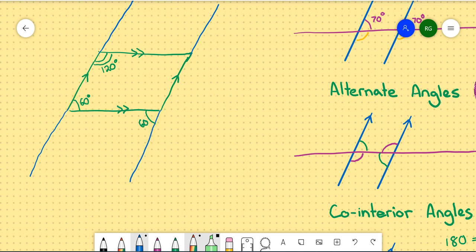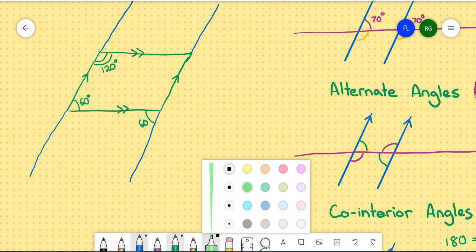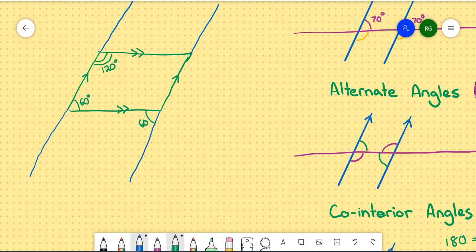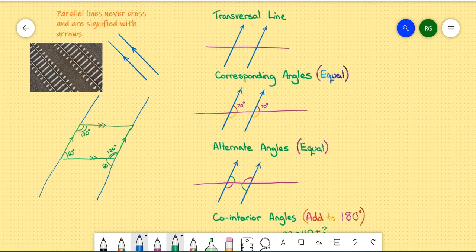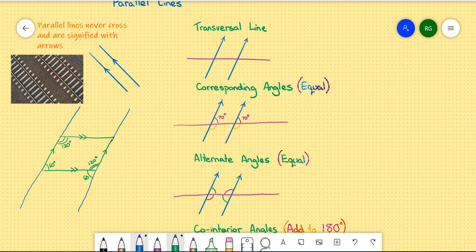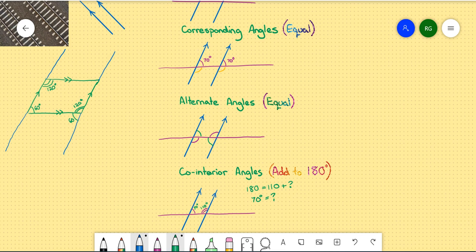This angle in here must be 120 degrees because it is supplementary. So commonly when we explain our answers, we will use the information that we have, such as they are corresponding angles, or they are the same because they are alternate angles, or this number is 70 because angles are co-interior.